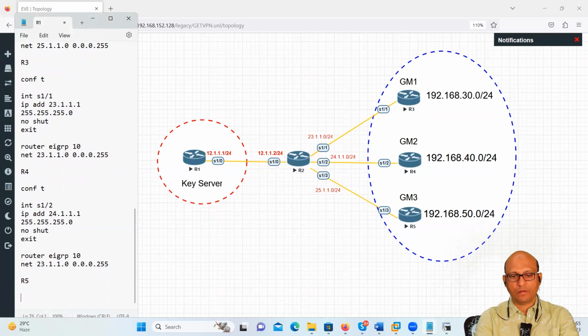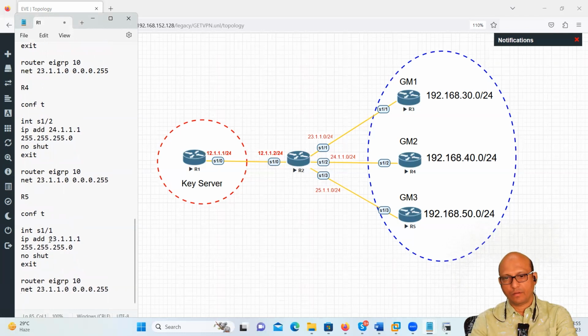R5, 25. 23, 24, and then 25. S1/2, S1/3.